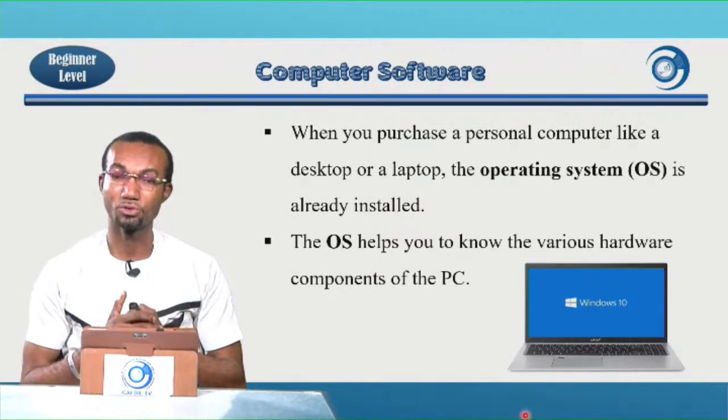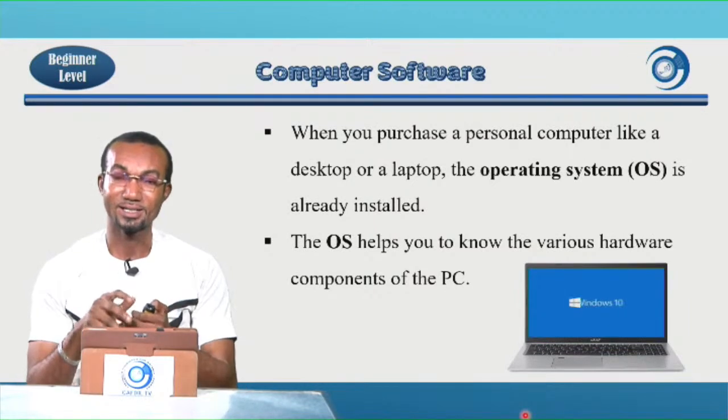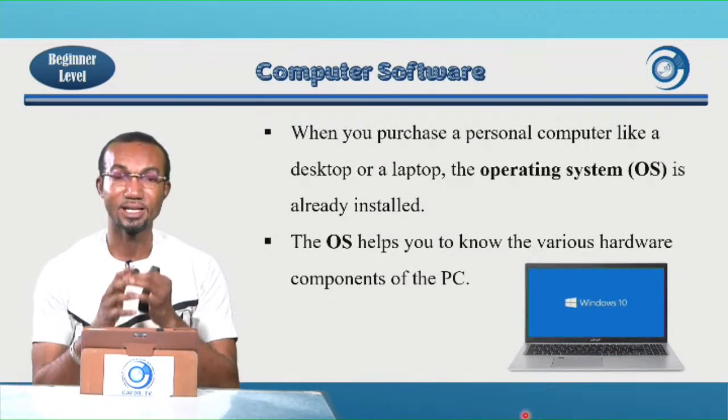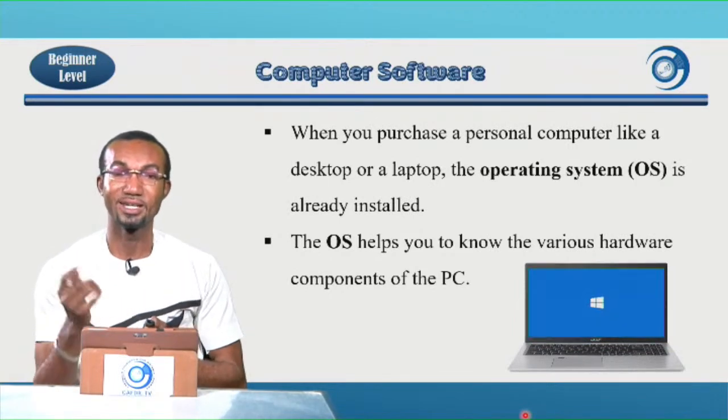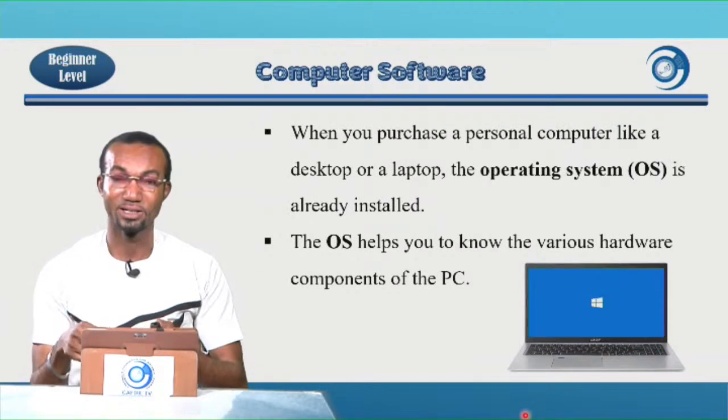Then I will go into the operating system. I'll look at the size of the hard disk, the processor type, the speed of the processor, the size of the RAM. I will check all these things. These are the specs. And the operating system helps you to know the hardware.